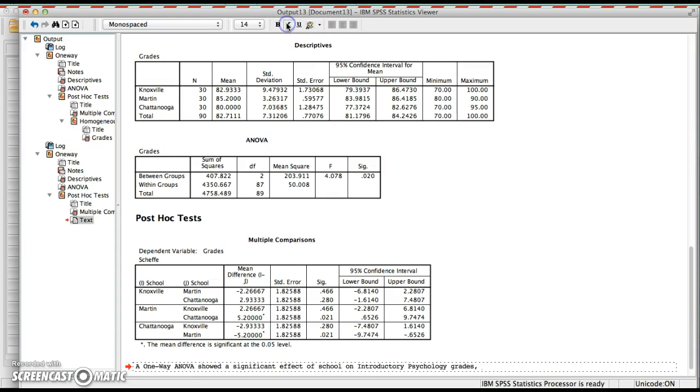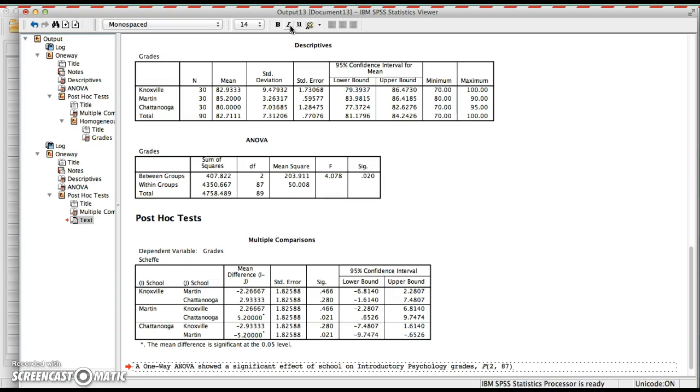So report your F values and everything here. So F, capital italicized F, of 2, comma, space 87.